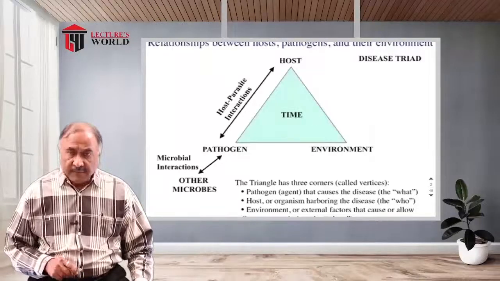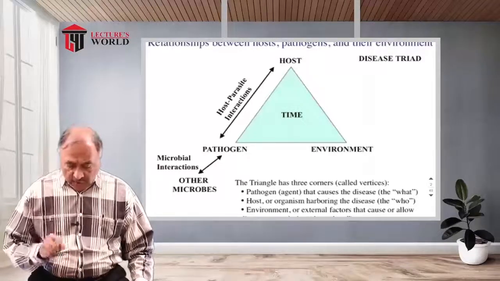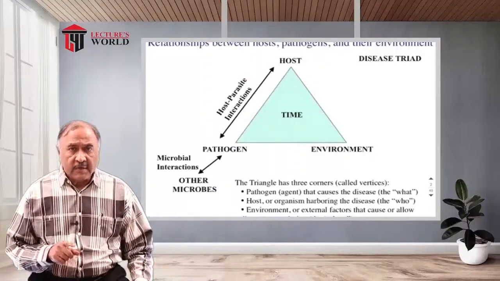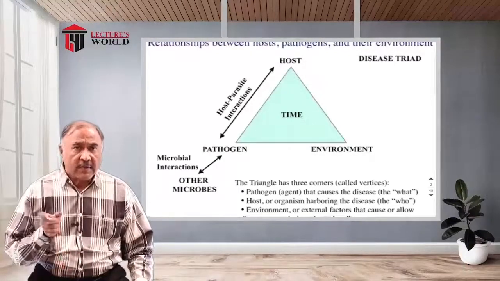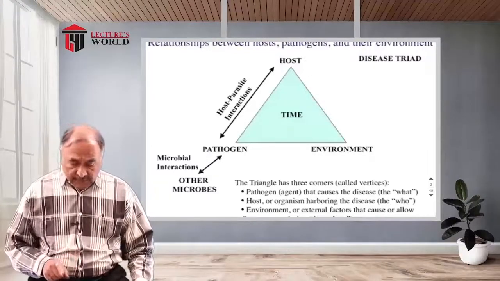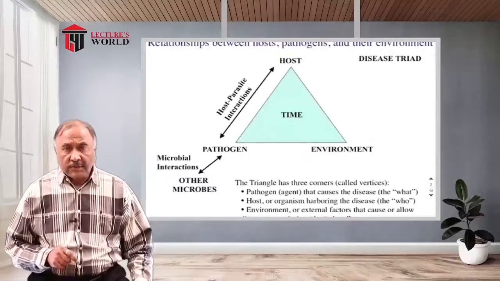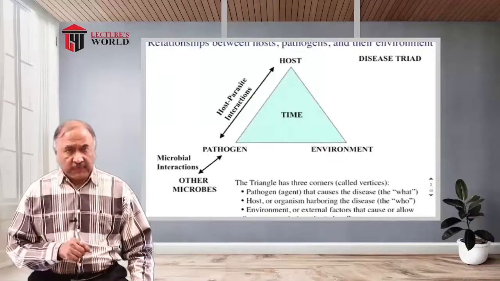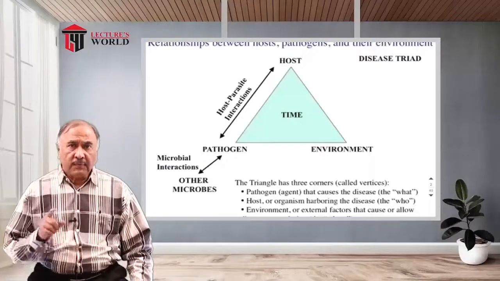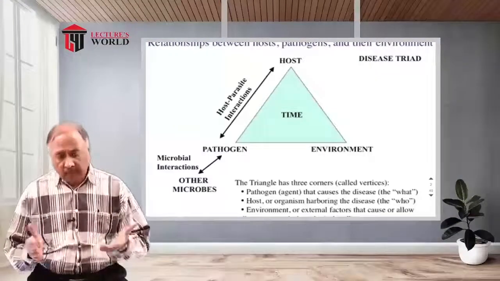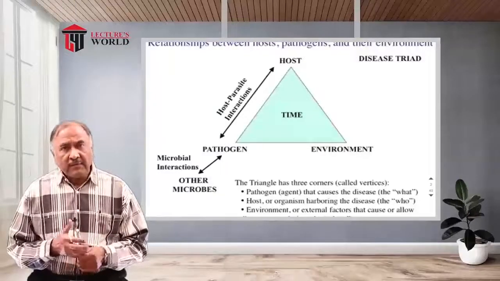The pathogen, that is the causative agent, causes the disease. So that is a pathogen. Second, the host, or the organism harboring the disease, means the patient. It can be anybody: plant, animal, or human beings. And we call it a who.